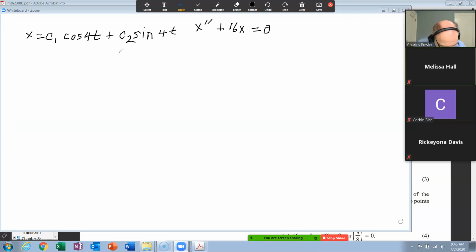Now, here are the boundary conditions they give. x of 0 is equal to 0 and x of pi halves is equal to 0.